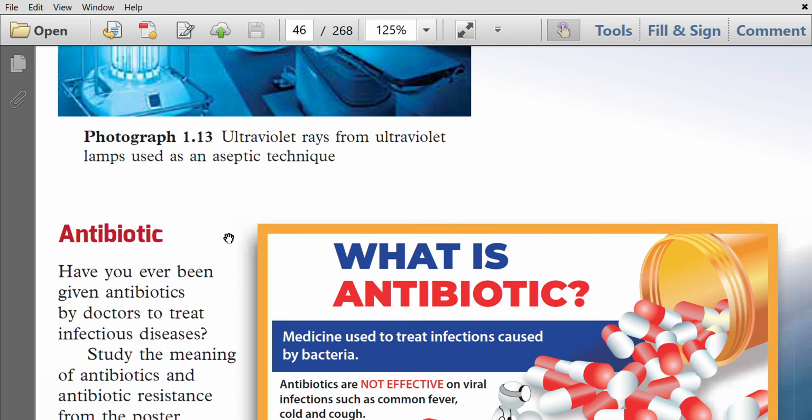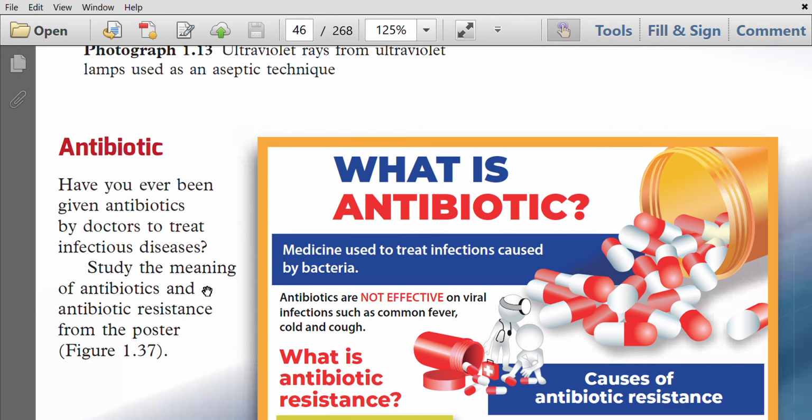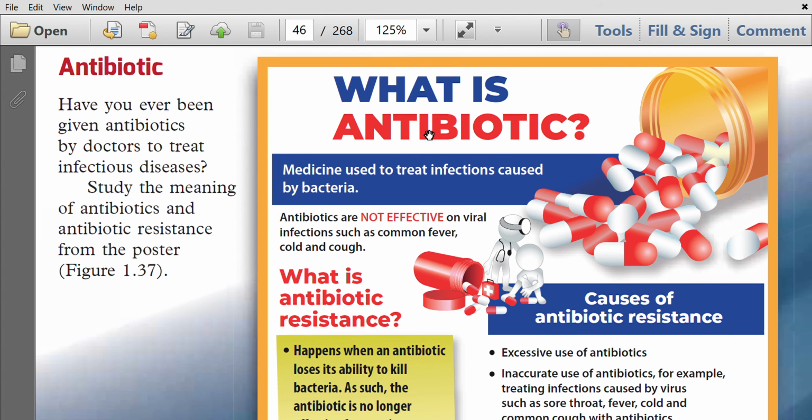And last, antibiotics. Have you ever been given antibiotic by a doctor to treat infectious disease? What is the meaning of antibiotics and antibiotic resistant? From this poster, we can see what is antibiotic.